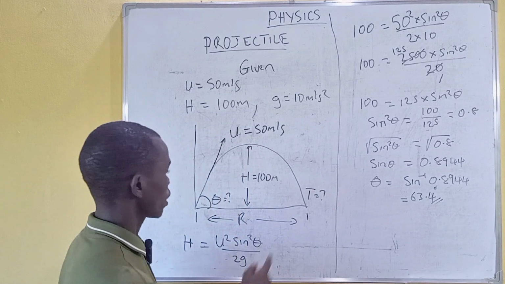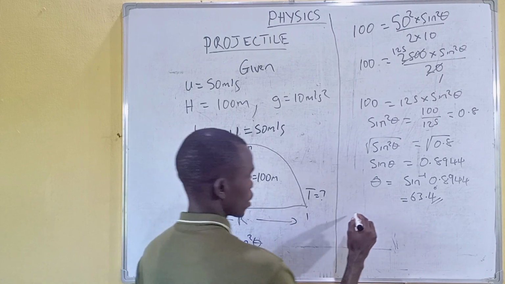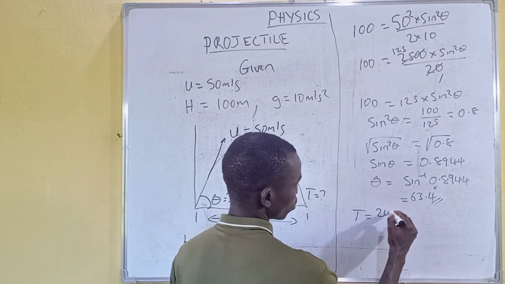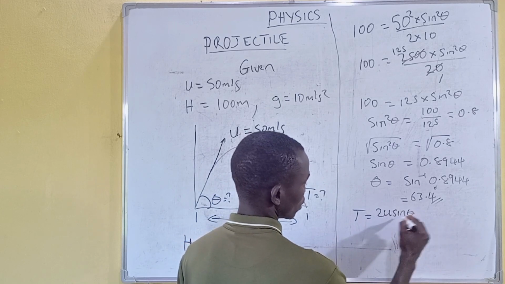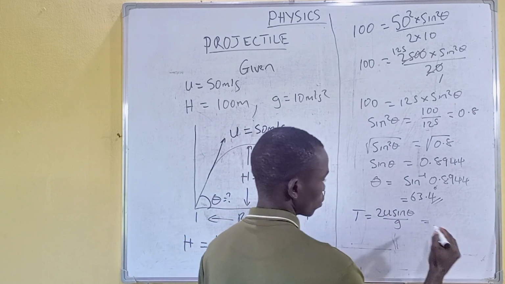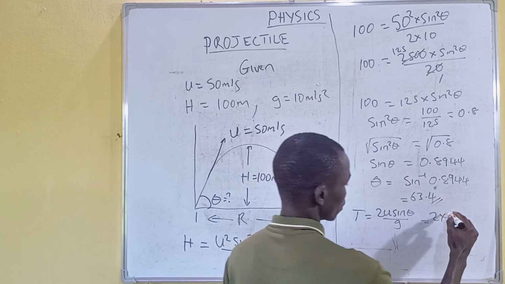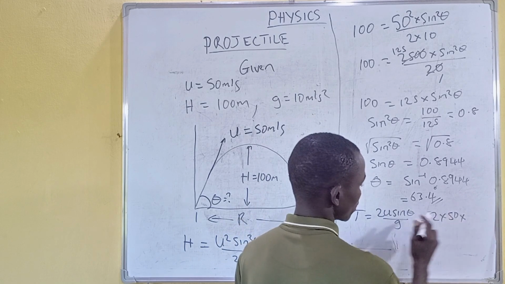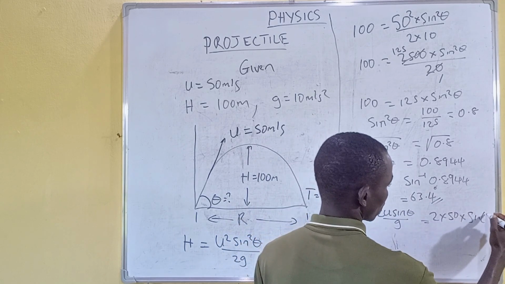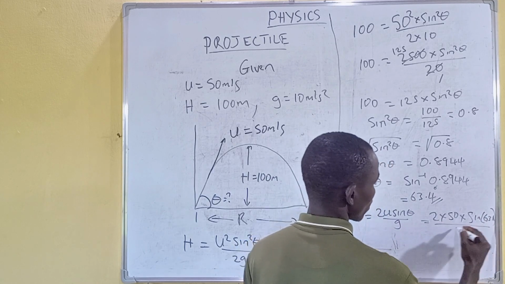So for us to find our time of flight, from our previous class, the time of flight is equal to 2u sine theta over g. So this will be equal to 2 times 50, which is our initial velocity, times sine 63.4 divided by 10.